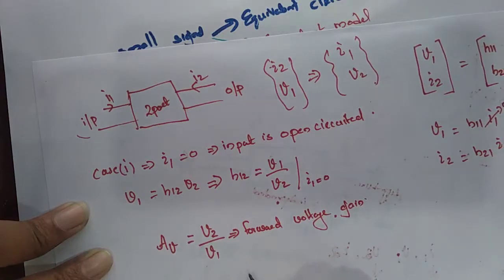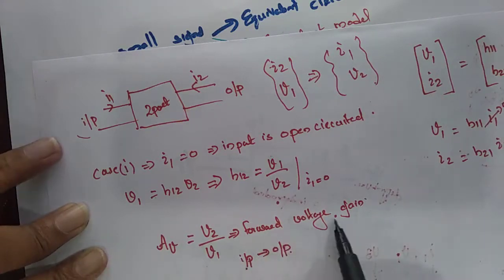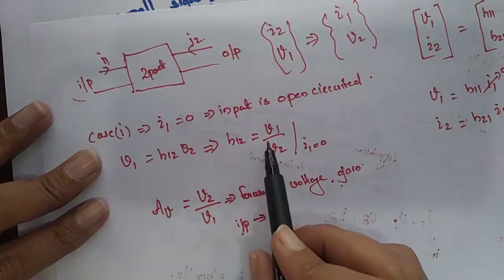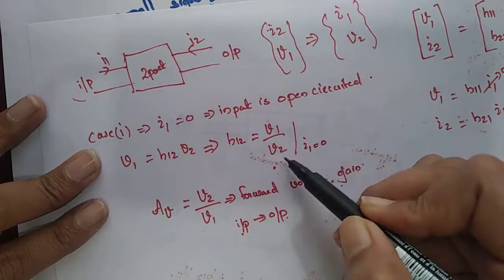What is forward voltage gain? That is the amplification of the voltage that happens while transferring from the input to the output, how much the voltage is magnified when it travels from input to output. Output voltage divided by input voltage we call the forward voltage gain. But what we have got is V1 by V2.